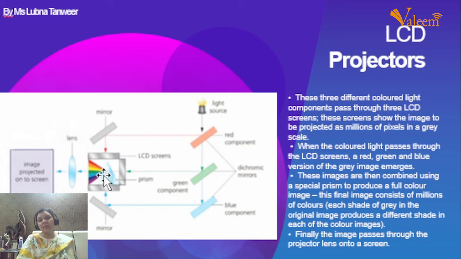These images fall on this prism, and the prism combines them and makes a color image. Then through this lens, this image is transferred onto the whiteboard or the bigger white screen. This is the working of an LCD projector. Now we are going to discuss how a DLP projector works.